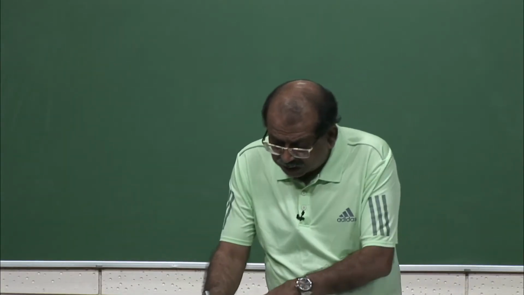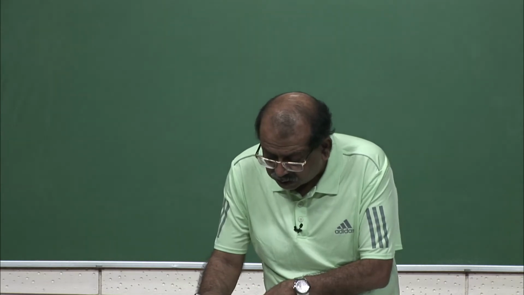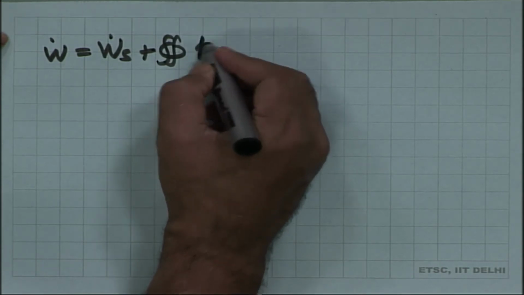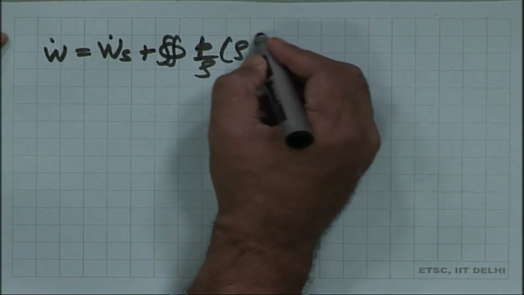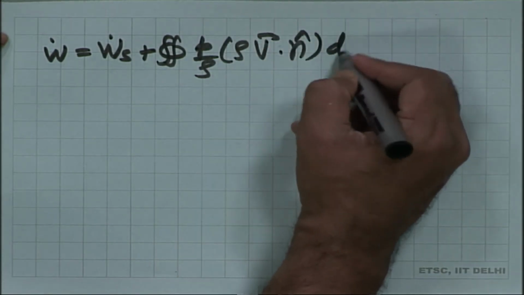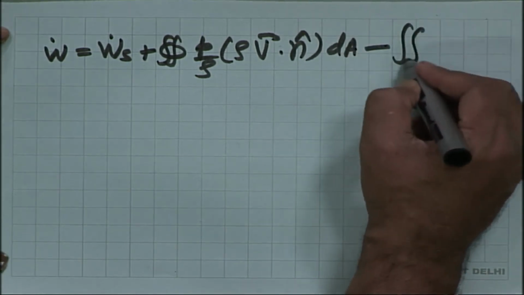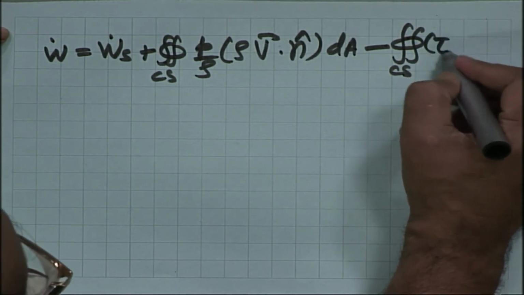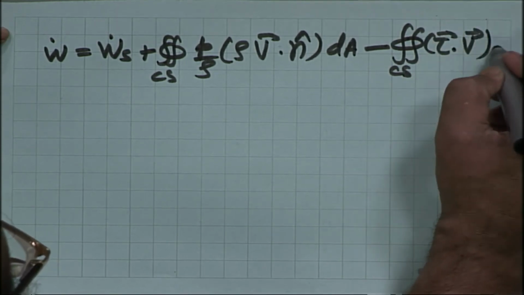So, we club this together. W dot will become equal to W dot S plus integral P by rho times V dot n dA minus integral, again on the control surface, tau dot V dA.